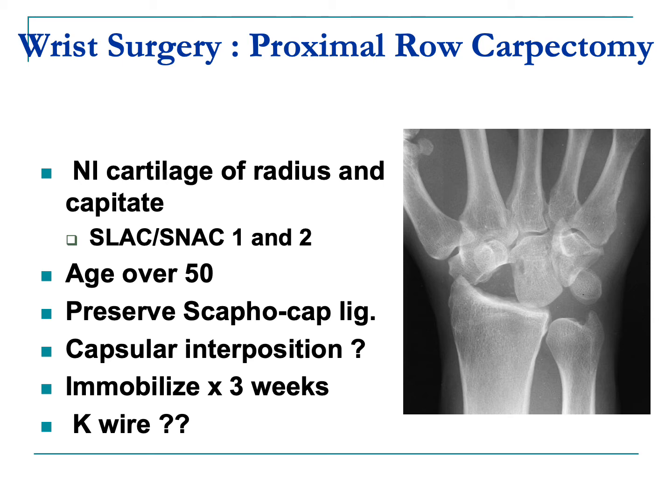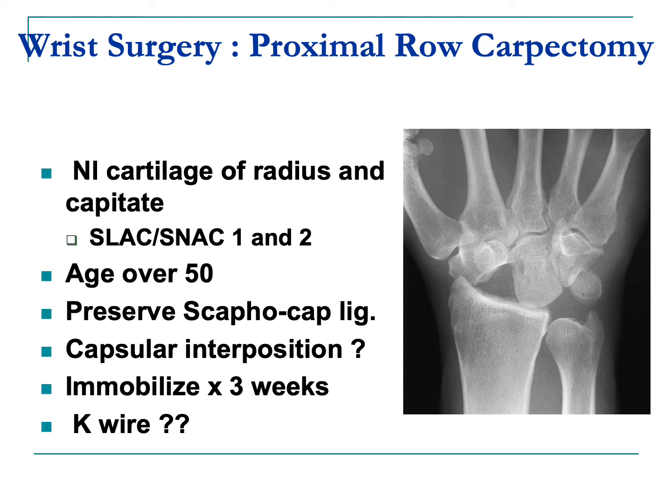It used to be typical to immobilize the wrist for this period of time with a Kirschner wire. This is less commonly used because there's been a number of reports of problems related to infection and irritation of the radial sensory nerve.